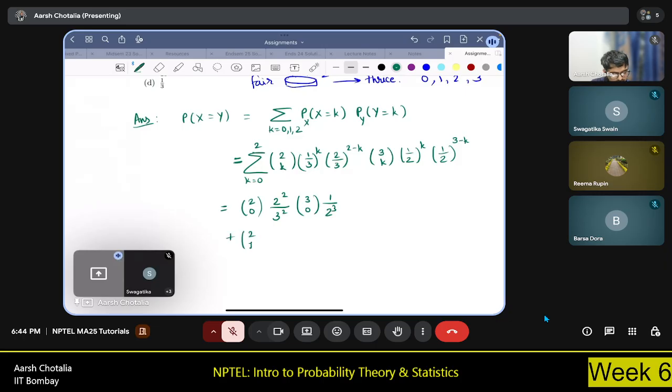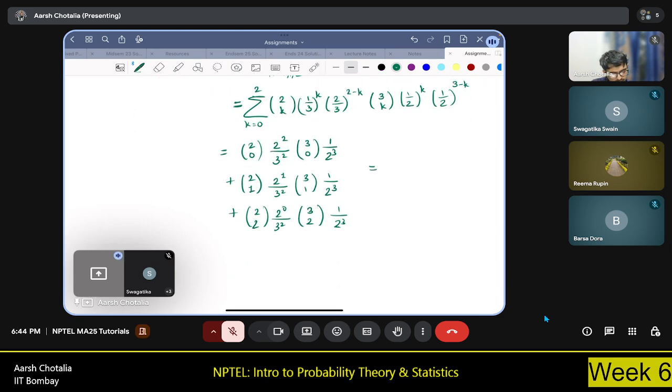And when k is equal to 1, 2c1, 2 raised to 1 divided by 3 square, and 3c1, 1 by 2 cube. Plus when k is equal to 2, we get 2 raised to 0 divided by 3 square, and 3c2, 1 by 2 cube.